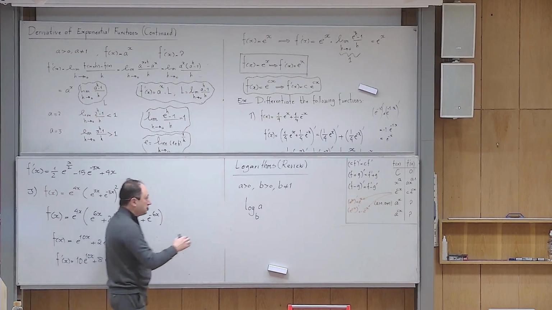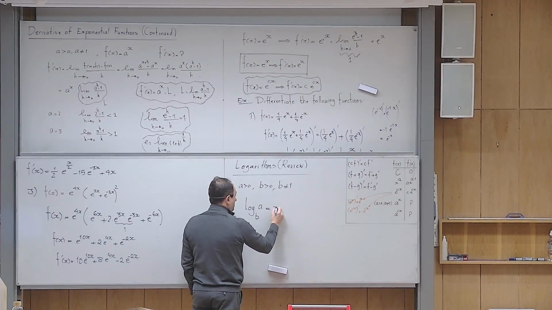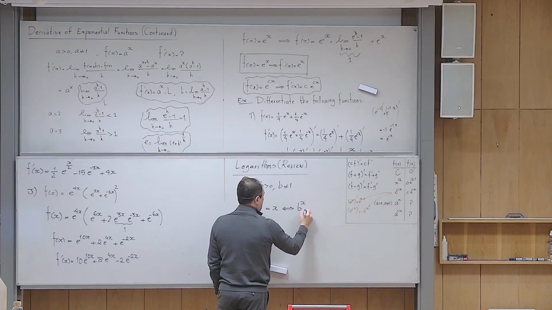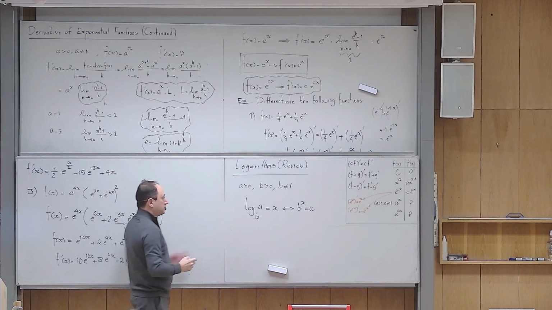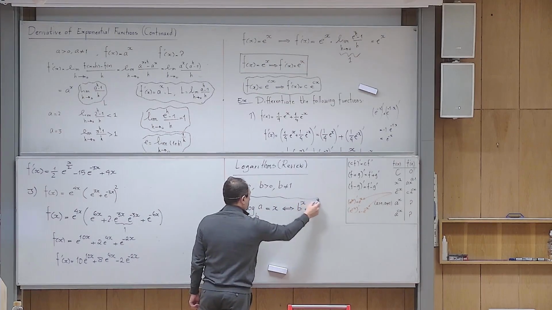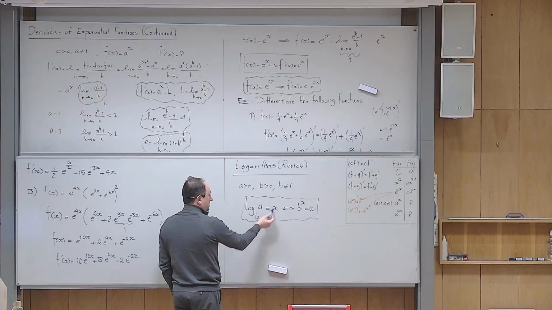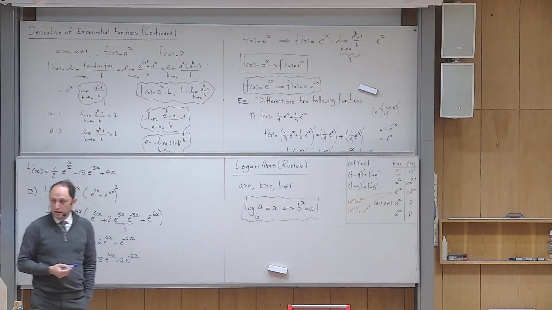So this is equal to a number x if and only if what happens? b to power x is equal to a. So do you remember this was the idea of a logarithm? When you say logarithm of a to the base b is x, it means b to the x is a. That was the definition of the logarithm.